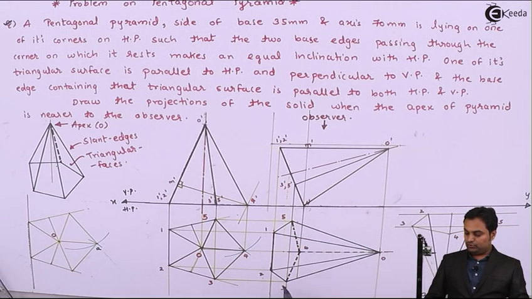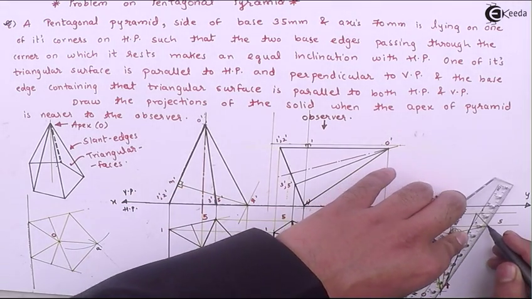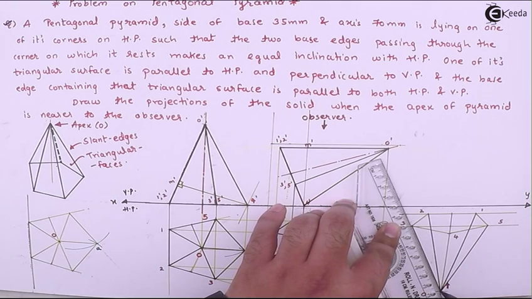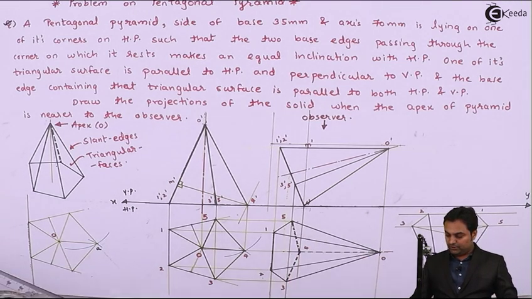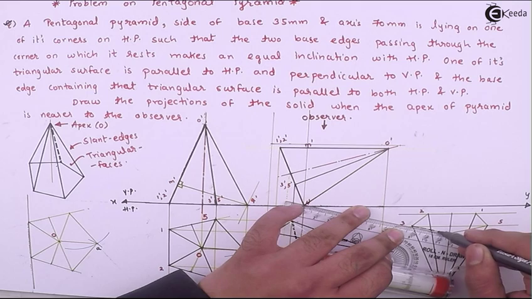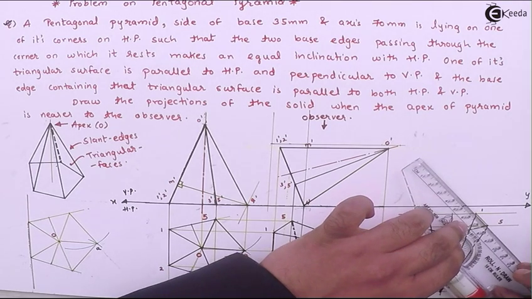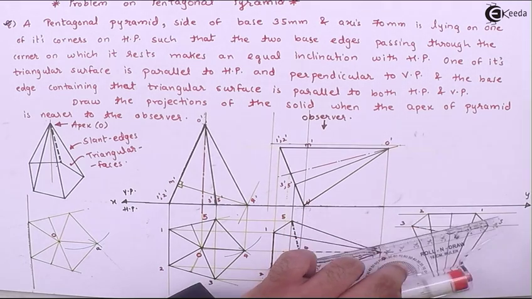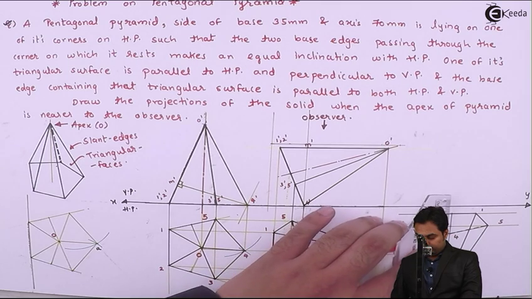Next, outer edges O23, O25 are dark. Then point 4 is hidden because it is going behind the observer here, so that was to be drawn with the help of a dotted line. Then even O24 was a hidden line.